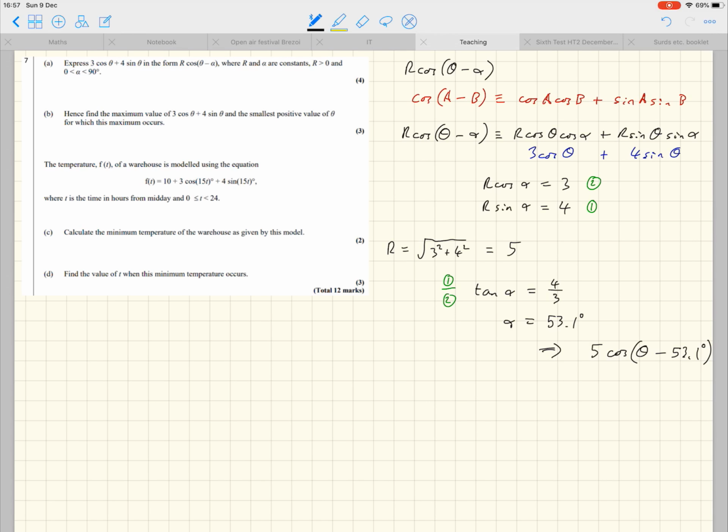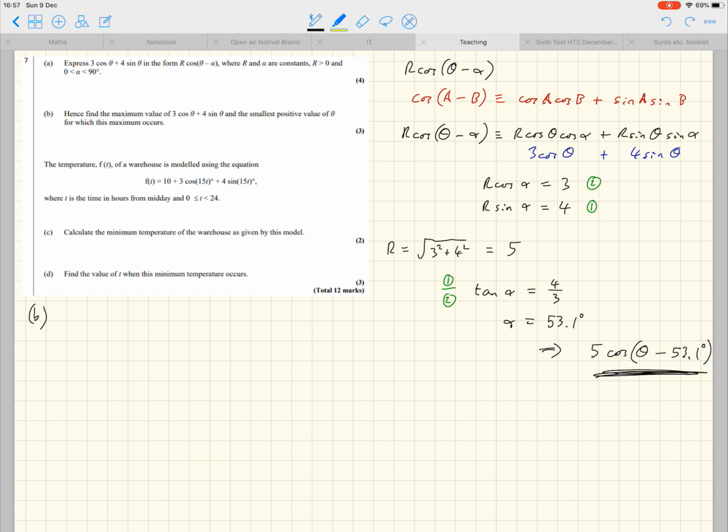Now, I'm going to come over to the left-hand side. Hopefully we'll have enough space. If not, I'll just erase some stuff. But this is central to understanding how to go any further with this problem. So hence find the maximum value of that thing there and the smallest value of theta for which it occurs.